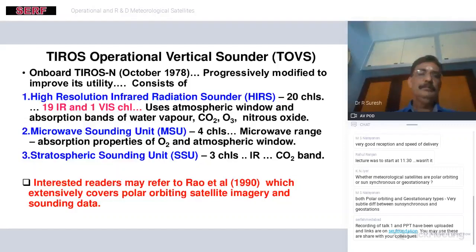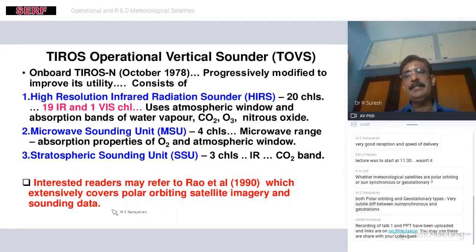As I said, TOVS, the TIROS Operational Vertical Sounder, was onboard in October 78. People started using it continuously throughout the world sometime in the 1980s. So much validation has come in, as a substitute for the ground-based radiosonde, the radio wind technique.